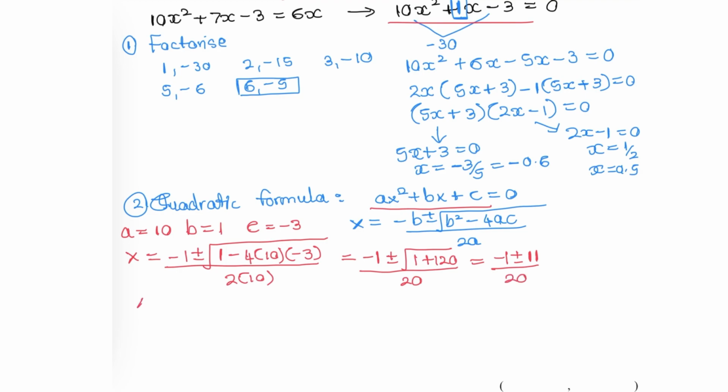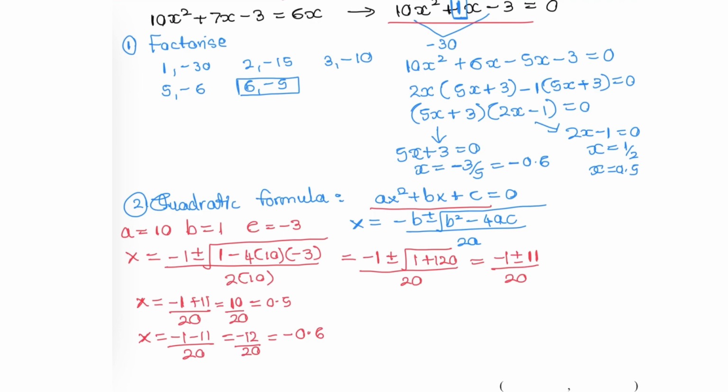So therefore you can see my two answers are going to be minus 1 plus 11 over 20, which is basically 10 over 20, and that's 0.5 as we got earlier. The other x value is minus 1 minus 11 over 20, which is equal to minus 12 over 20, and that again is going to give me negative 0.6, just like earlier.